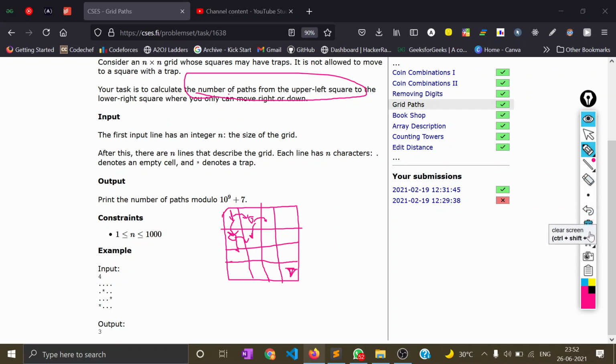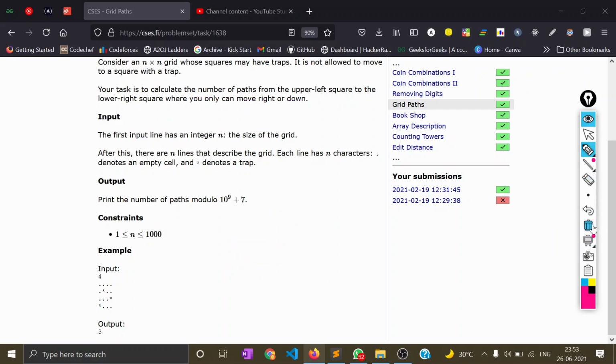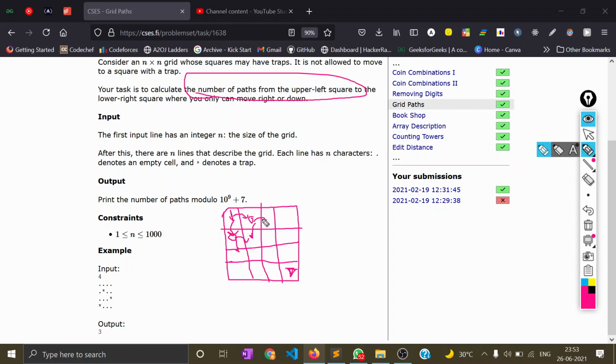So let's look at the solution a little bit differently. I'm here and I want to get here. Suppose I've reached here.